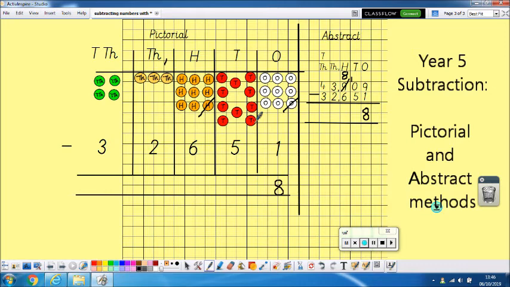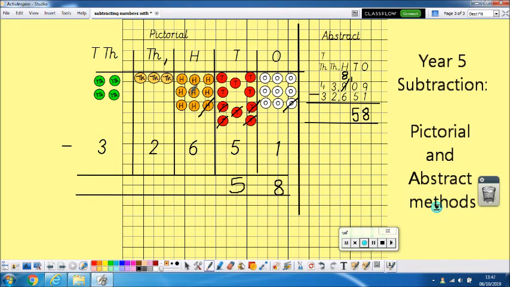Now I can do my calculation. 10 tens take away 5 tens. 10, 20, 30, 40, 50 gives me a difference of 5, and I can clearly see that there. 10 tens take away 5 tens is the same as 5 tens. Now on to my hundreds.